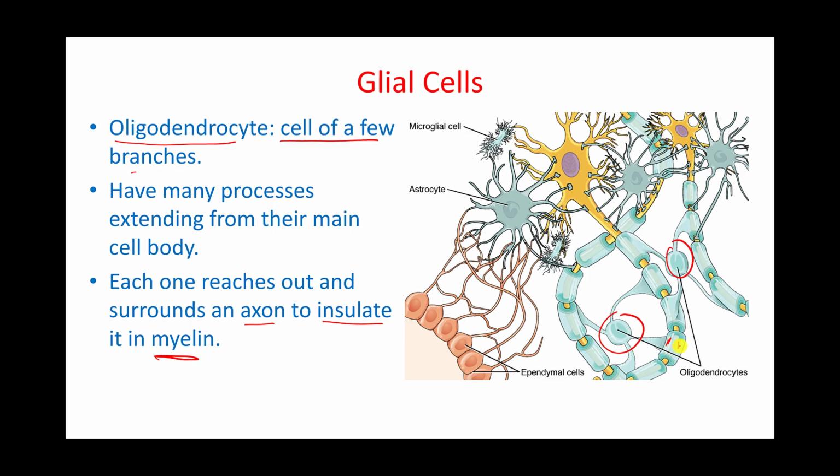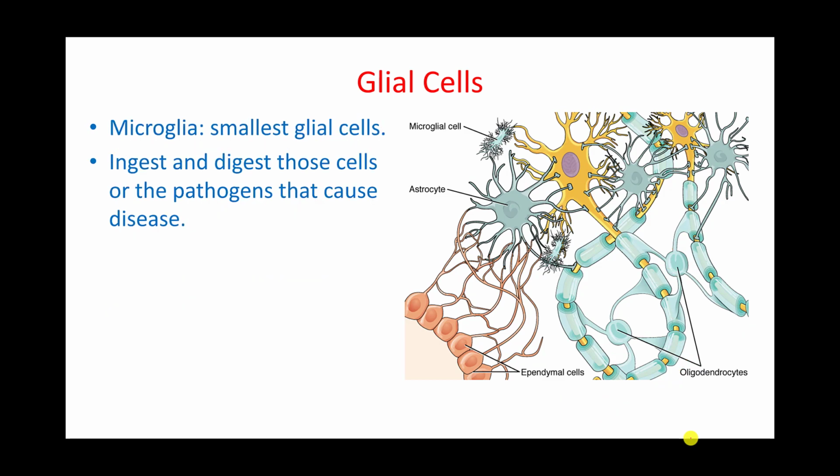This light blue, light green material is the myelin sheath. And this material, later maybe we'll talk about it. It helps in faster transmission of signals. These are the oligodendrocytes.